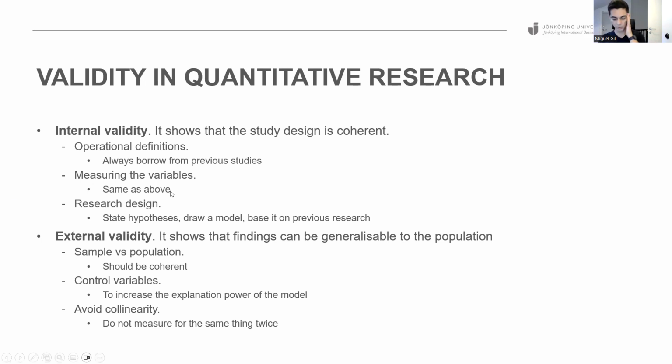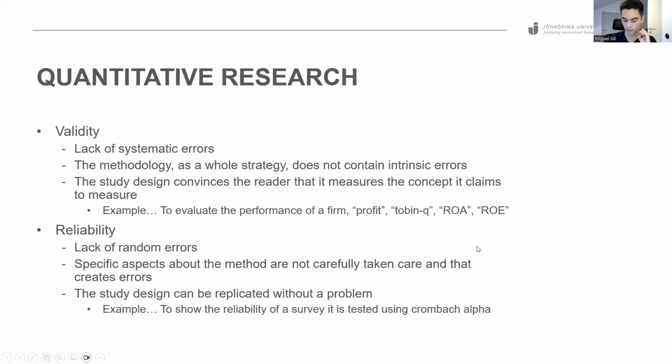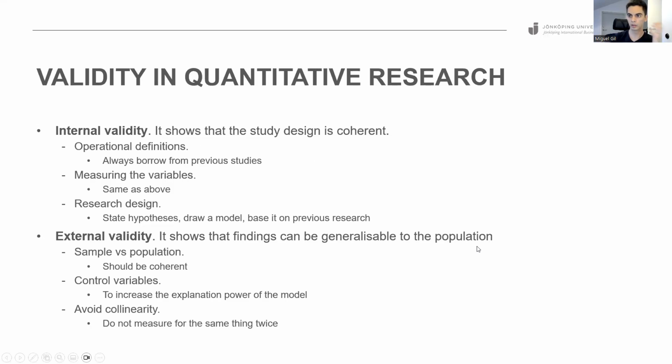Also, borrow inspiration and base your decision on previous studies. If previous studies have always used 1 to 10, use 1 to 10. The same also with ROA and profit and all of this. Are we going to use numbers in millions or in thousands or as they are? Borrow, get inspired by previous research, and justify that.